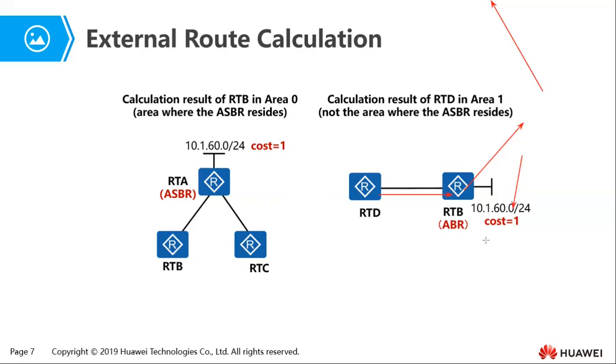So the cost here is also 1, which is similar to the cost here, even though we can see that RTD is connected further away from the ASBR compared to RTB. So do you think this is correct?